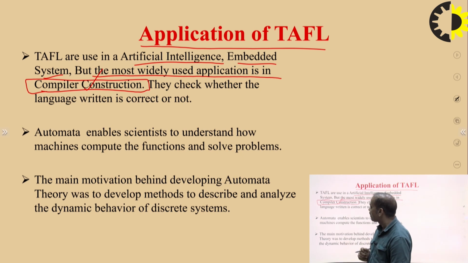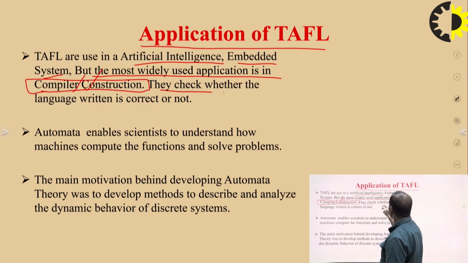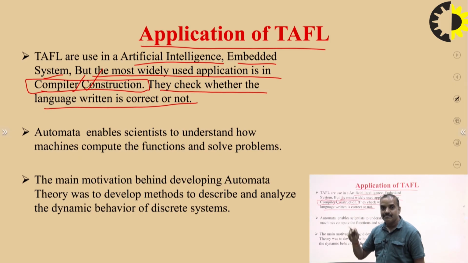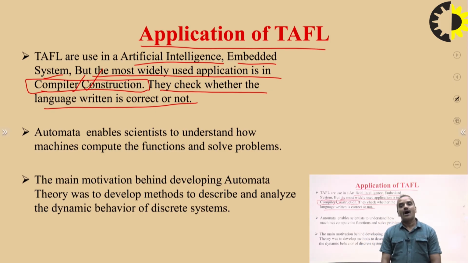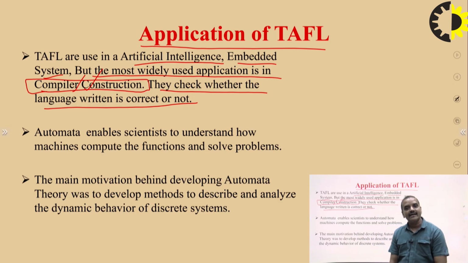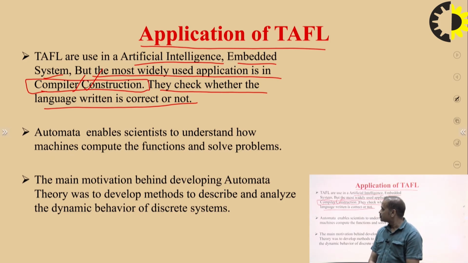For such checking, we use automata. They check whether the language written is correct or not. That means by using automata, we check whether the given syntax is grammatically correct or the string is correctly written, so that we can process the next step.